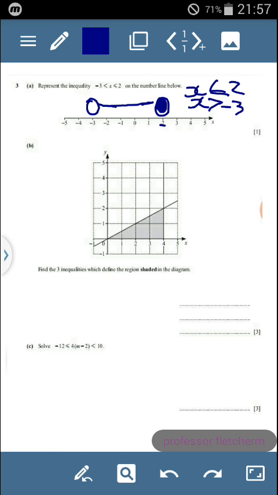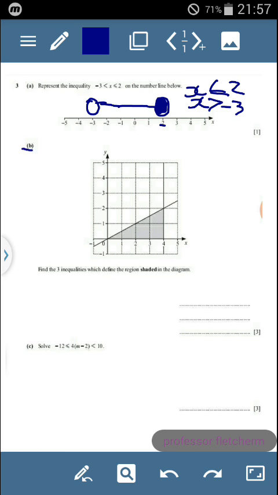So as a result, this one will be fully shaded, and that will represent that inequality.